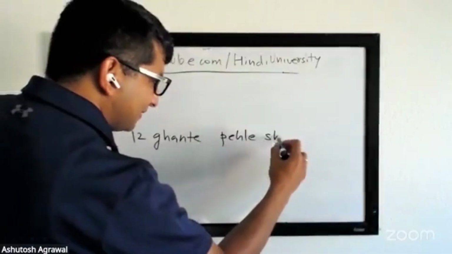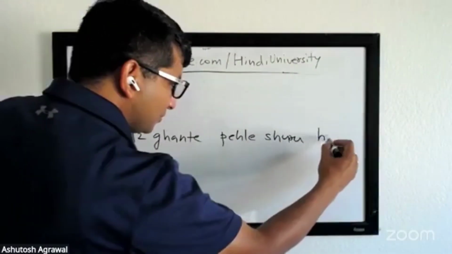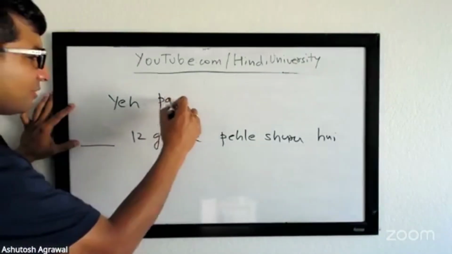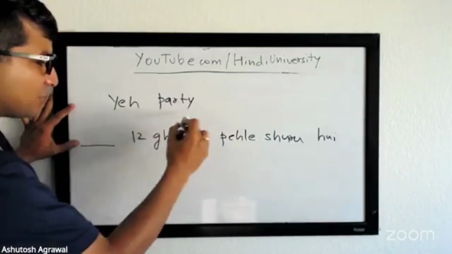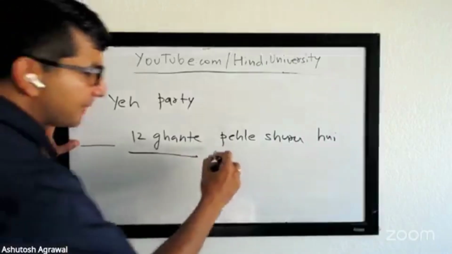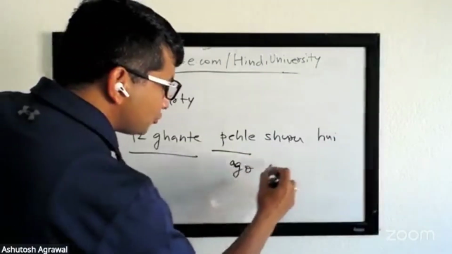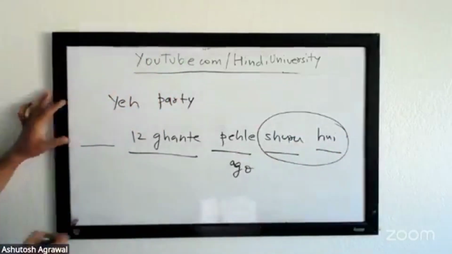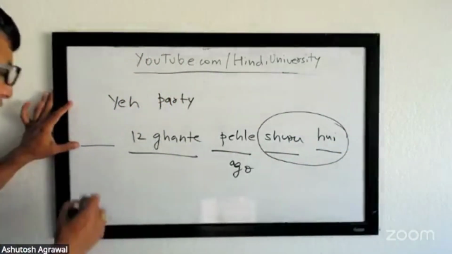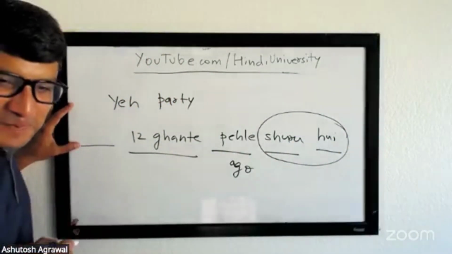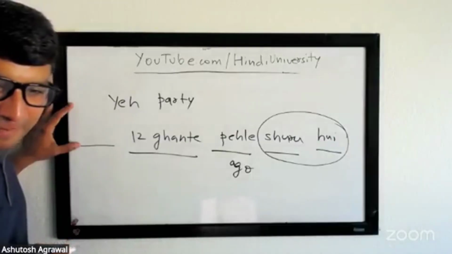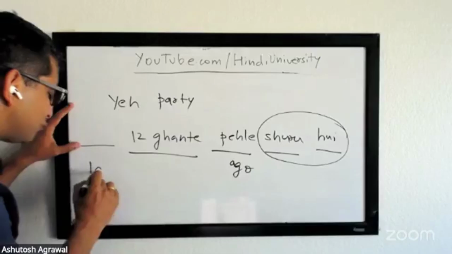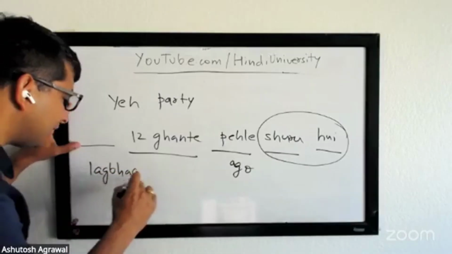So पहले शुरू. Okay. So let's say you want to say ये celebration or ये party, which is this party, 12 घंटे is 12 hours. पहले is ago. शुरू, it started basically. शुरू हुई. Okay. ये party. What will you use? लगभग और करीब. Yeah, so I can use both of them, lagbhag as well as karib.